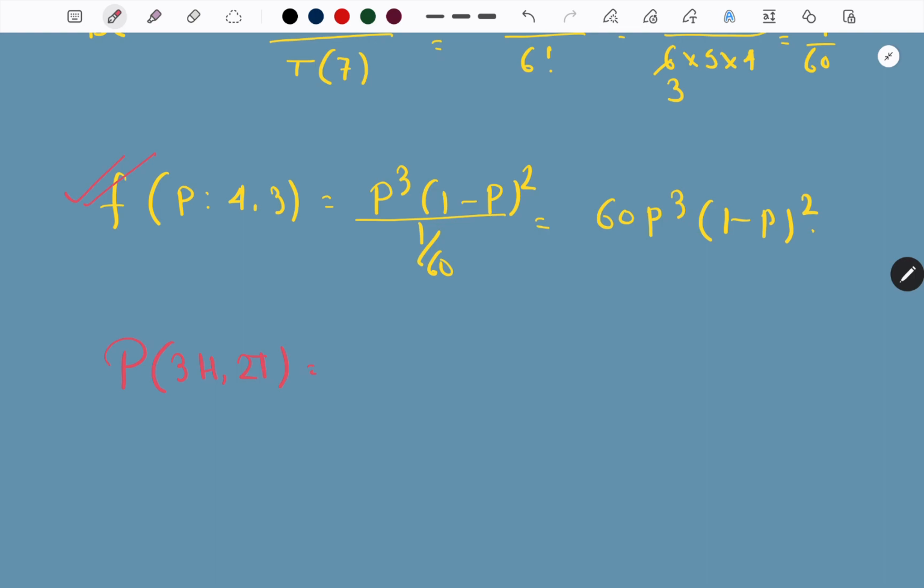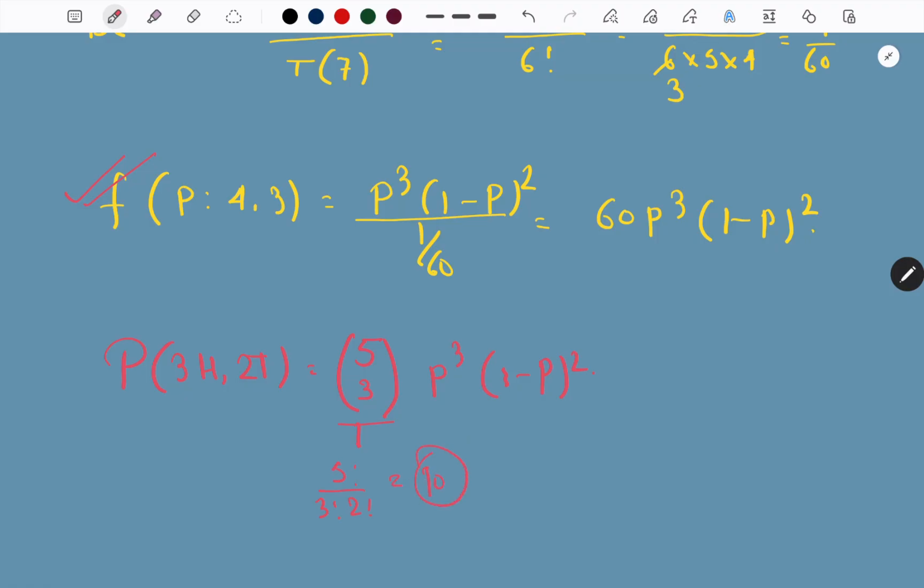Since there are a total of 5 flips, out of which we have to find 3 heads and 2 tails, we can say this is 5C3 p cube (1 minus p) whole square. Here 5C3 is equal to 5 factorial divided by 3 factorial into 2 factorial, which is equal to 10.